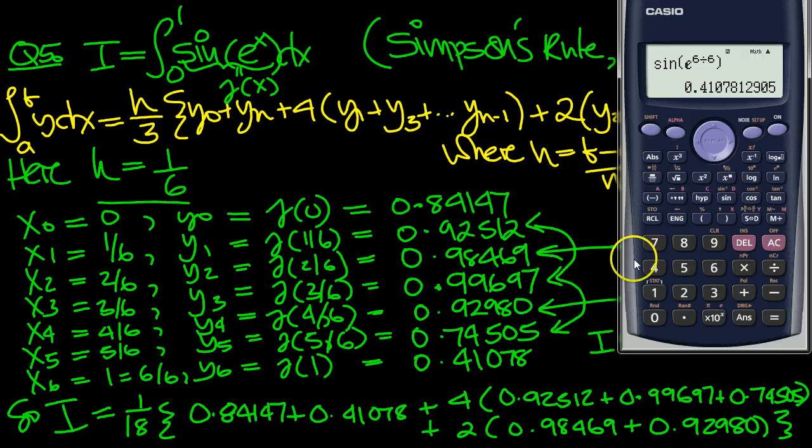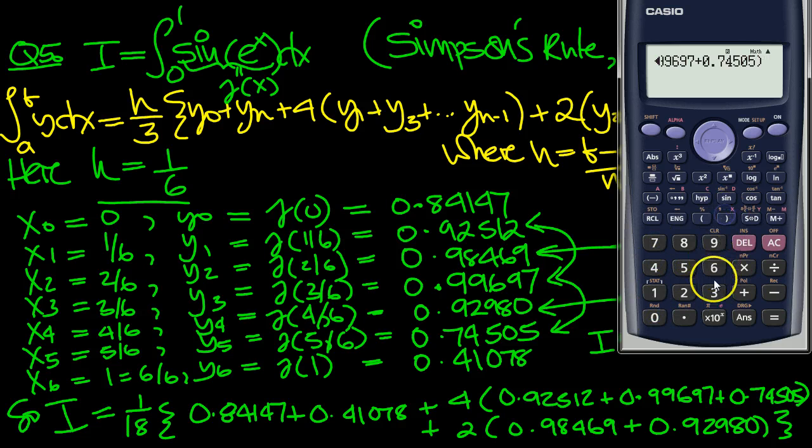So what have we got? We got 1 over 18, 1 divided by 18 times bracket 0.84147 plus 0.41078 plus 4 times bracket, 3 numbers added together, 0.92512 plus 0.99697 plus 0.74505.